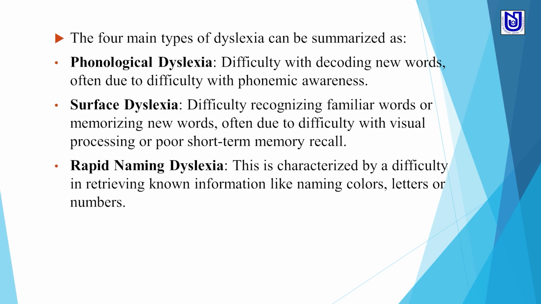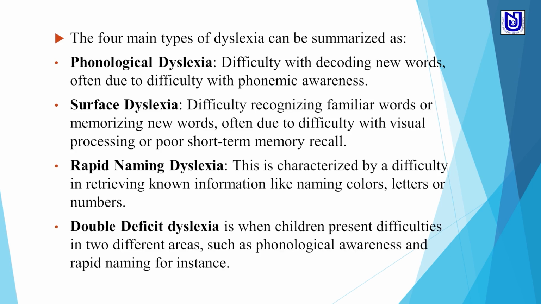Rapid naming dyslexia: this is characterized by a difficulty in retrieving known information like naming colors, letters, or numbers. Double deficit dyslexia is when children present difficulties in two different areas such as phonological areas and rapid naming, for instance.